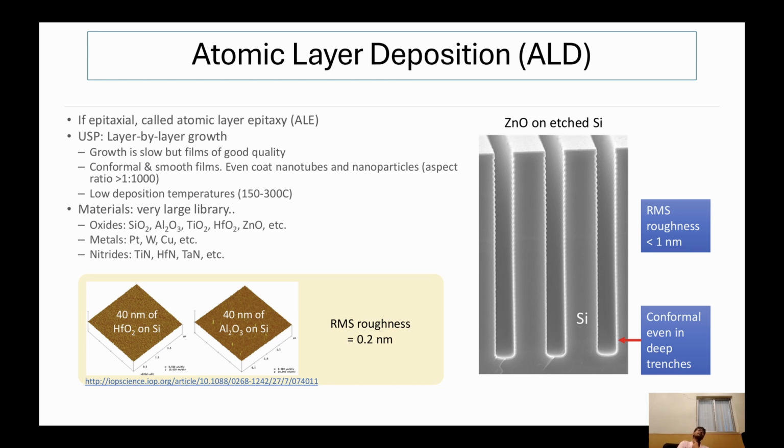Otherwise, because of the high reactivity of these precursors, they can react in the atmosphere. They are pyrophoric, and if both precursors are in the chamber, they will react, and there will be a kind of rain down of particles onto the substrate. That we will see.